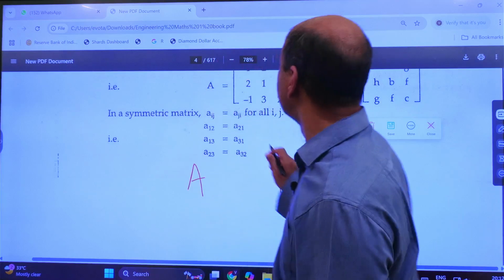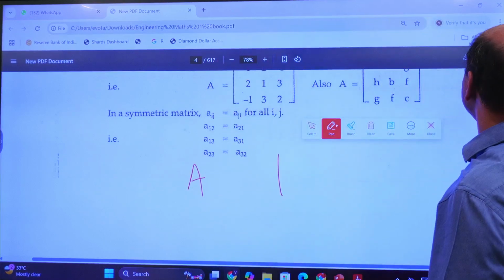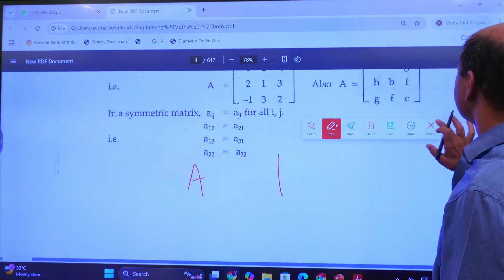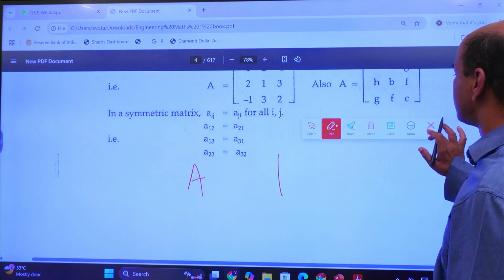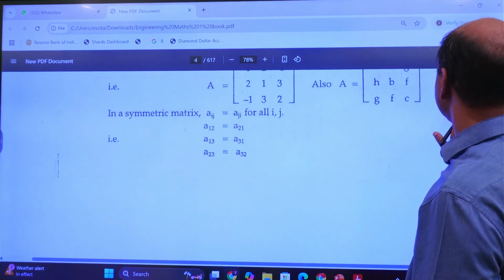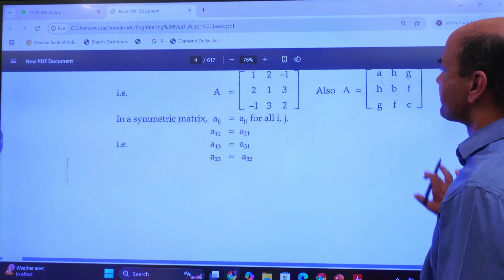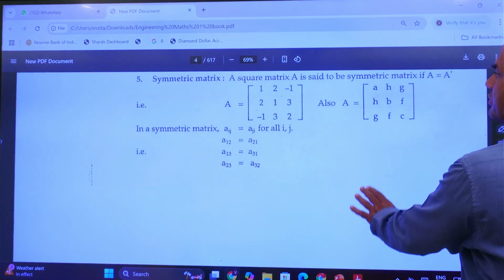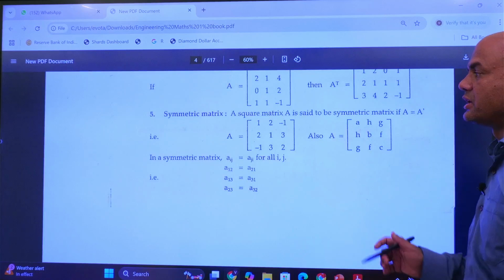How many rows and how many columns are there?